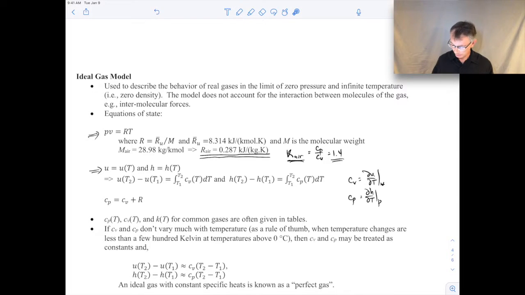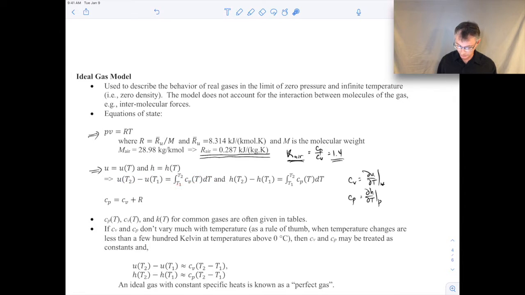Notice that these are partial derivatives, meaning that in general, specific internal energy and specific enthalpy are functions of more than just temperature. But for the ideal gas model, we're saying it's only a function of temperature, so these partial derivatives become ordinary derivatives. You can rearrange those expressions and then integrate, and so that's where these come from. So just taking this expression, making that an ordinary derivative because u is only a function of temperature, and then integrating both sides, you get that.